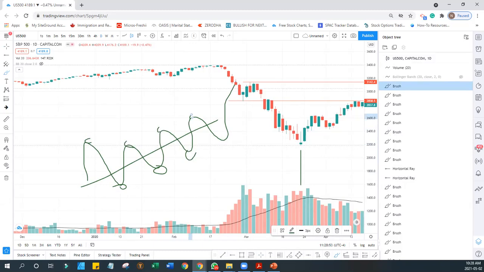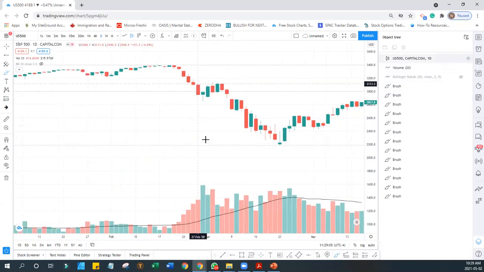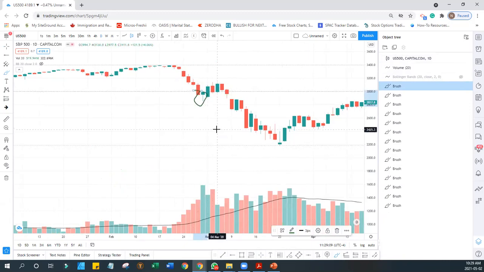Can you please give me an example, by taking one candle, of what happens if there is a body going up and a wick going up, and how the market would respond? Okay, check it out. This one is a hammer. And what happened after that? The market went up.